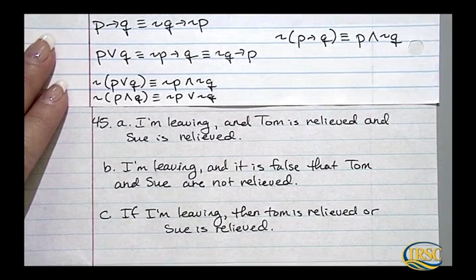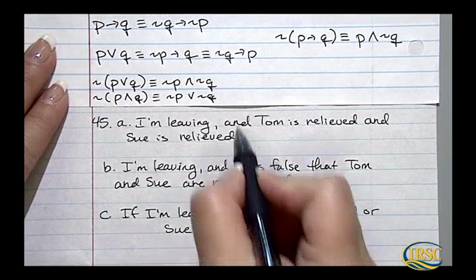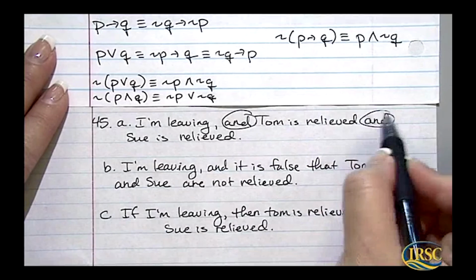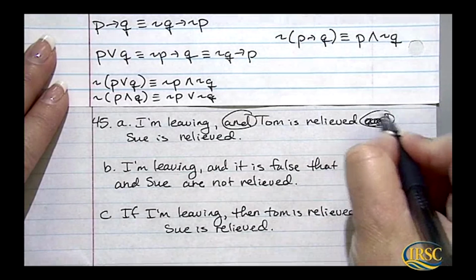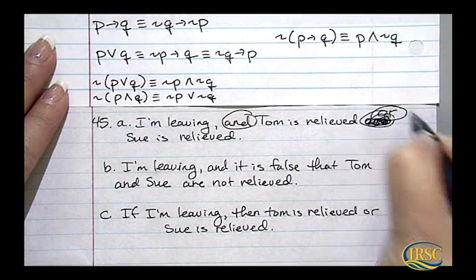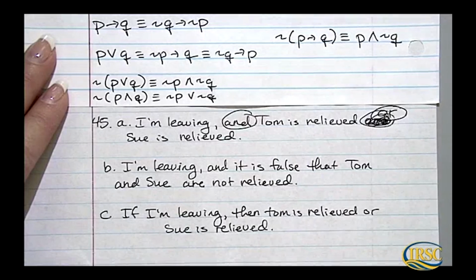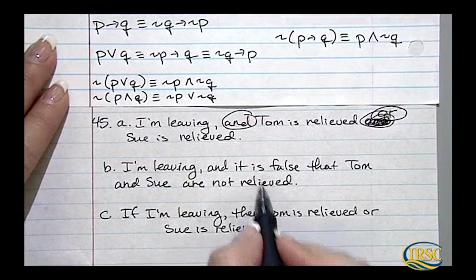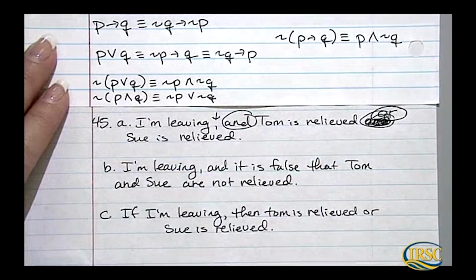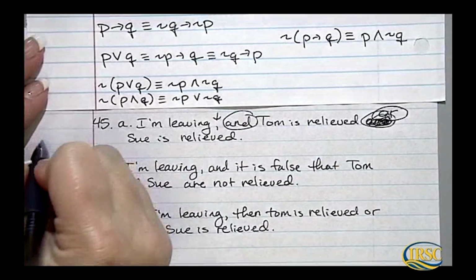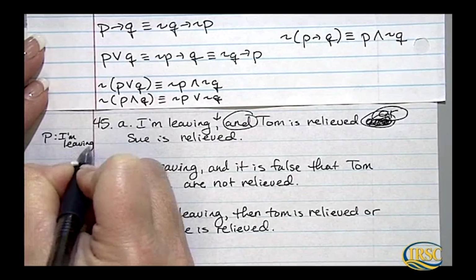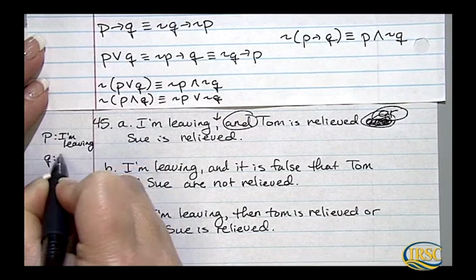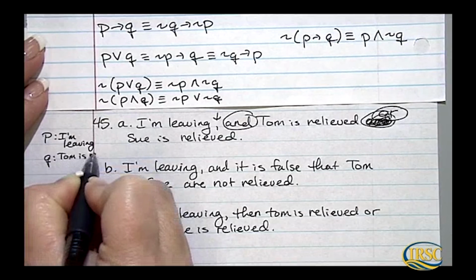Okay, so in the first one, keywords. And. Oh, that's supposed to be an or, isn't it? Okay. So that's supposed to be an or. I wrote it down wrong. And the comma. Good. Okay, so P can stand for I'm leaving. Q, Tom is relieved.